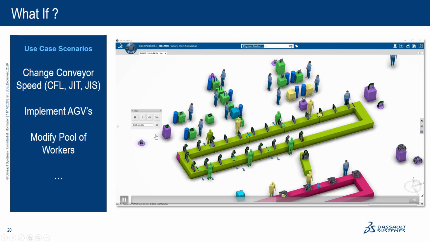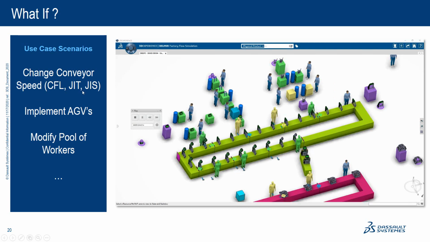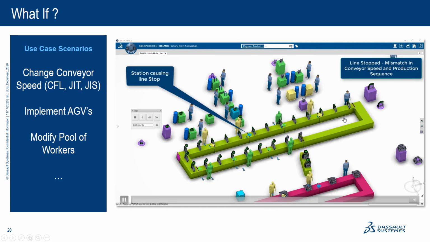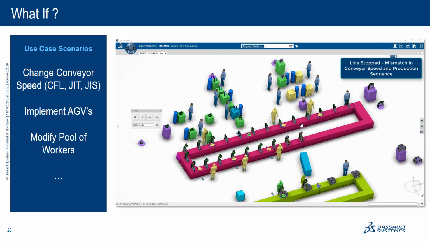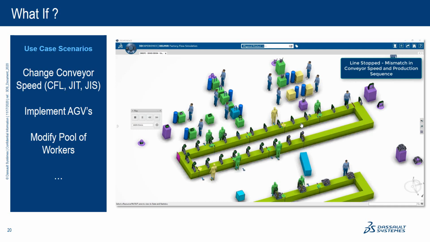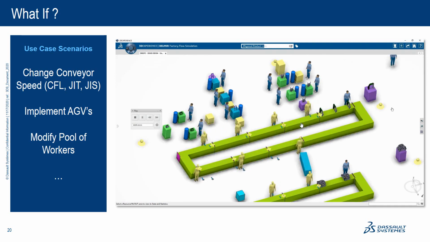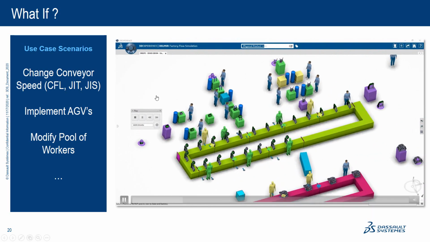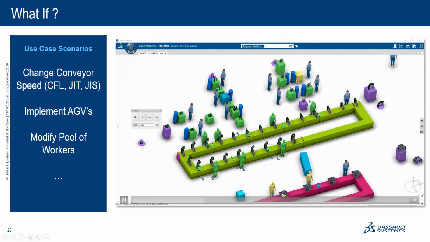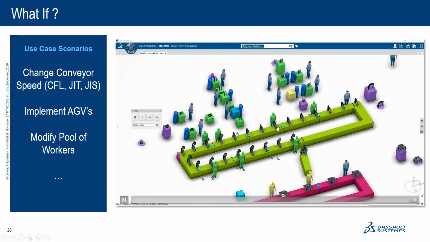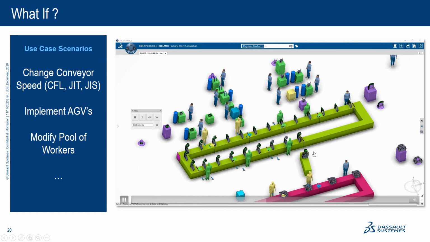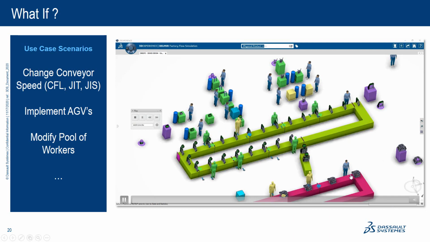And what we are doing in this simulation is a continuous flow line. The conveyor is supposed to never stop, and the operators are performing assembly on the conveyor. If the conveyor is too fast, you might discover that some of the operators do not have the right material available from the previous station, and in that case, you have the red color there.